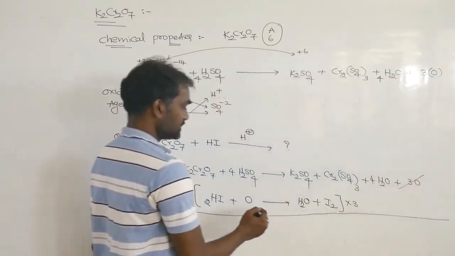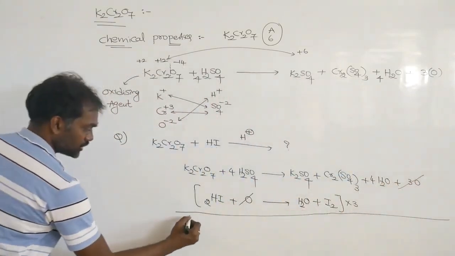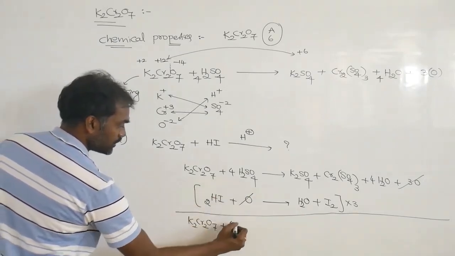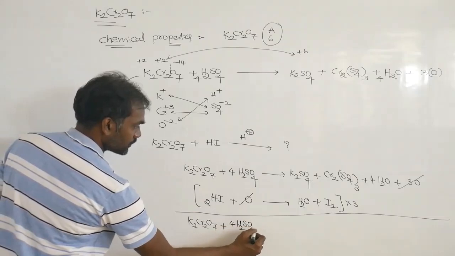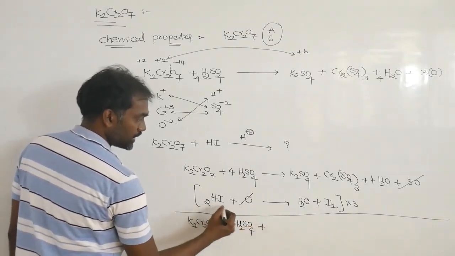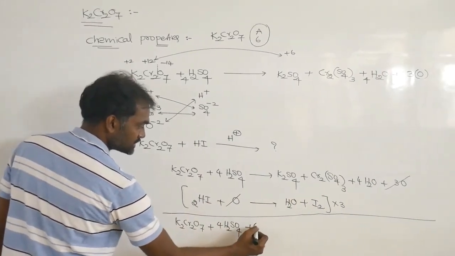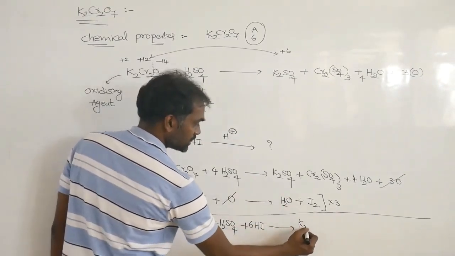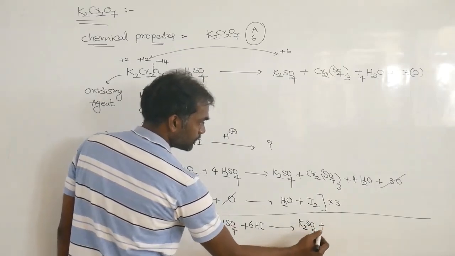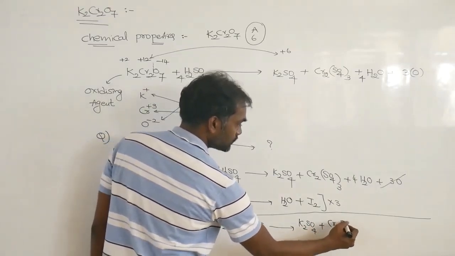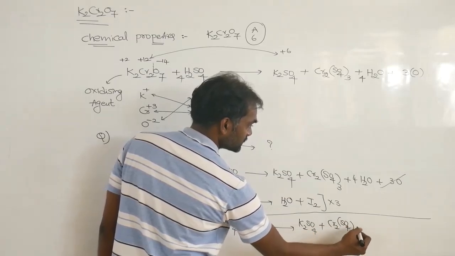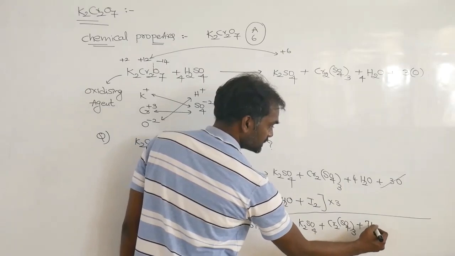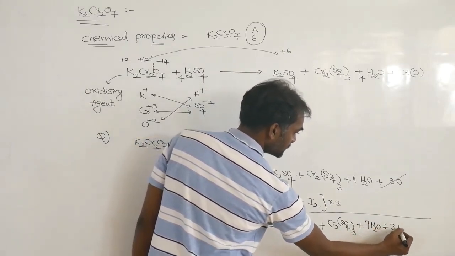So 3 oxygens are cancelled. Your equation is K2Cr2O7 plus 4H2SO4 plus 2HI, 2 3s are 6, 6HI, gives rise to K2SO4 plus Cr2(SO4)3 plus, here 4 plus 3, 7H2O plus 3I2.